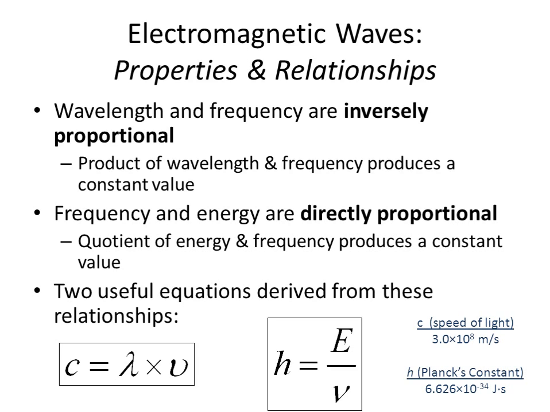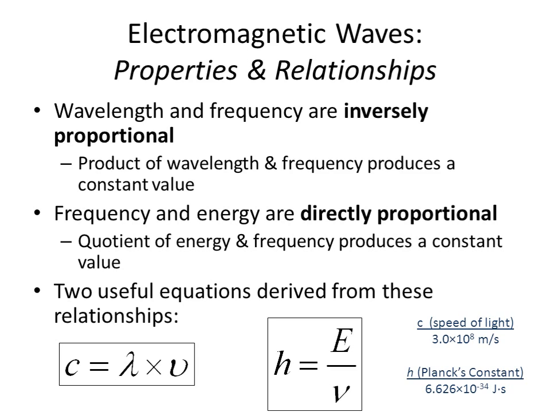The constant value that we get in this case is the speed of light, represented by the letter c. That speed of light constant is taken to be 3.0 times 10 to the 8th meters per second. That's in a vacuum, but again, with the precision that we're indicating with the significant figures in that number, even if light is passing through air or water, it's not going to be all that different. So we can treat that speed of light as 3.0 times 10 to the 8th meters per second.